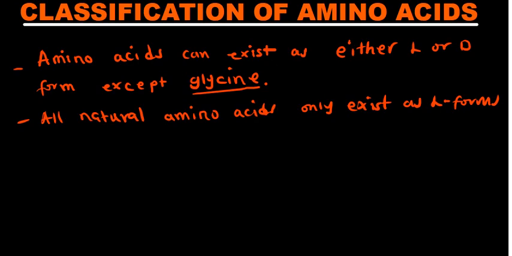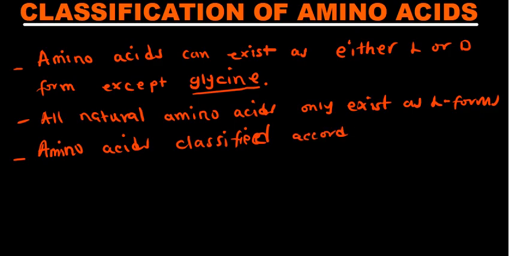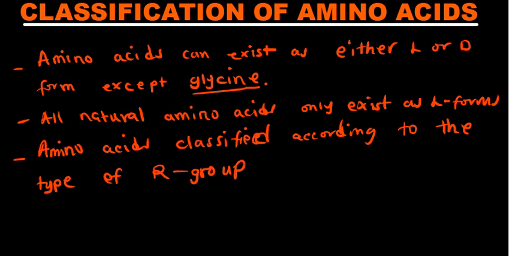So for the classification of amino acids, they are classified according to the type of R group that each amino acid has.